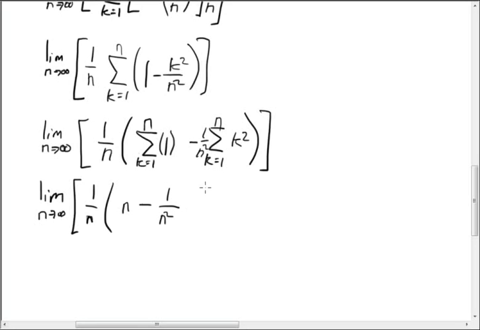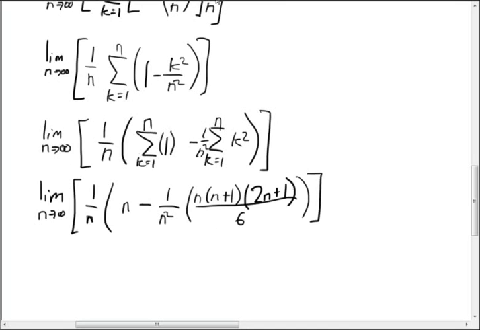And the sum of k equals 1 to n of k squared is n times n plus 1 times 2n plus 1, all over 6.